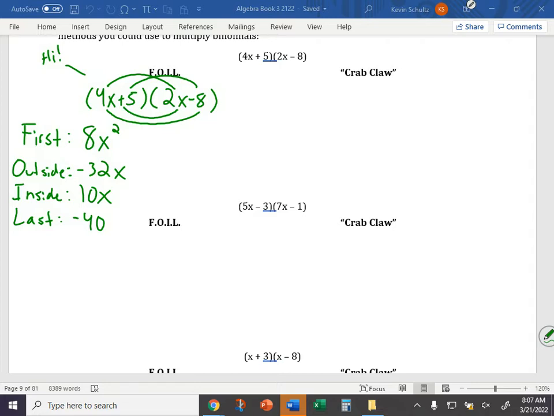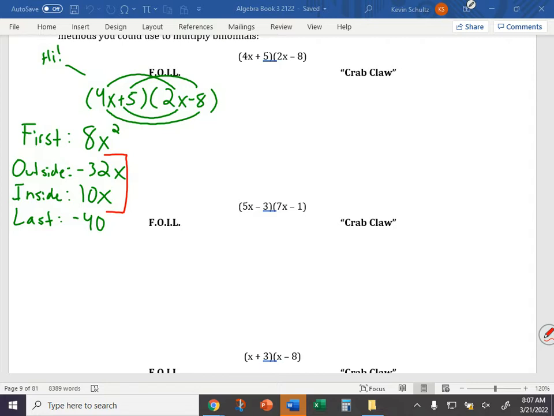But we're not done yet, though. Folks, we're not done yet because these four terms that we have there, the products of when we did our multiplying, we now have to write as one expression. If you do this correctly, your outside and inside terms should be combinable.